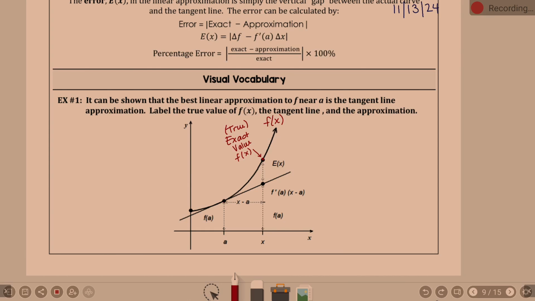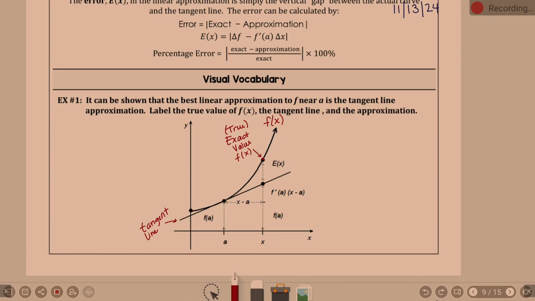Now, where's my tangent line? The tangent line is this straight line, yes? So there is my tangent line. That is our tangent line to the curve at point a. Since the tangent line is at the point a, we can use this tangent line to estimate values close to a.